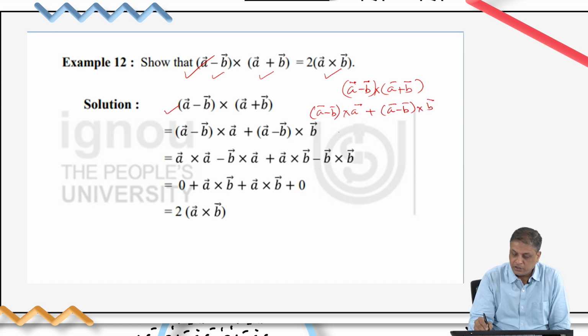Again opening the braces, A vector cross A vector minus B vector cross A vector plus A vector cross B vector minus B vector cross B vector.